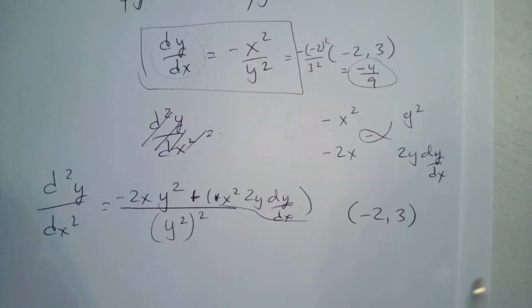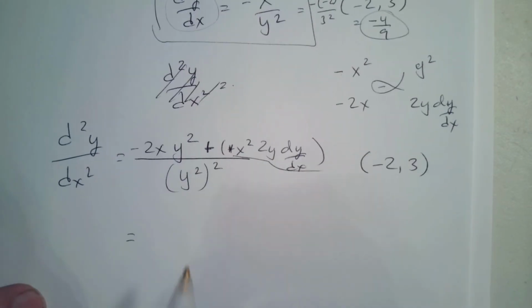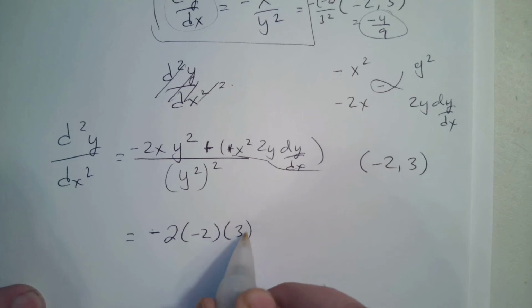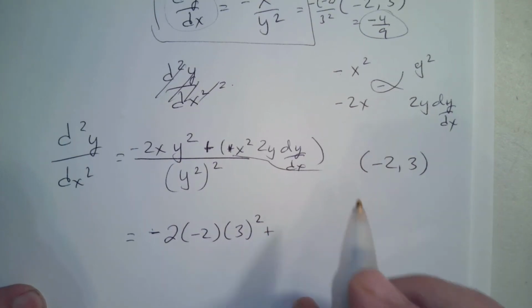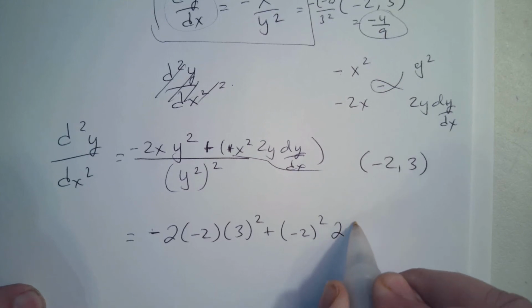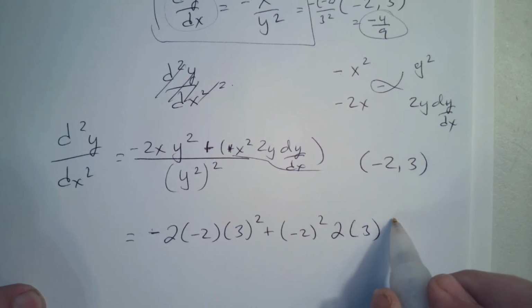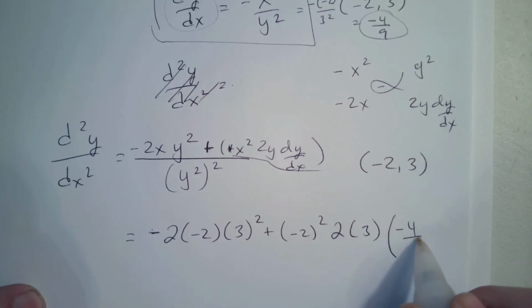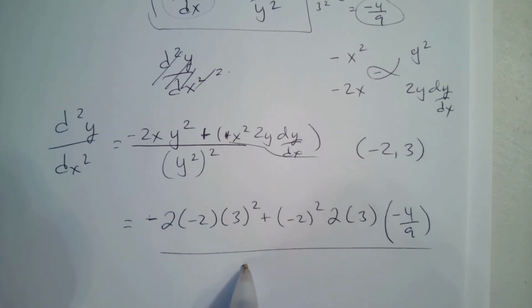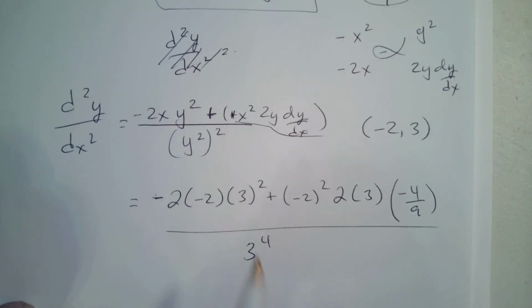That's dy dx. So we have negative 2 times negative 2 times 3 squared plus negative 2 squared 2 times 3 times negative 4 over 9, over 3 to the 4th power. 2 times 2 is 4.